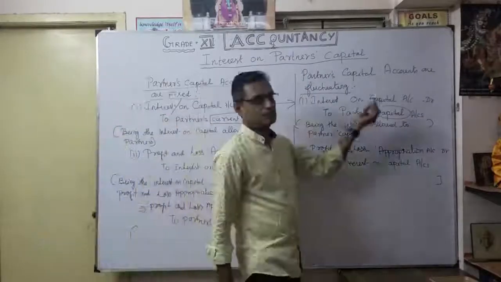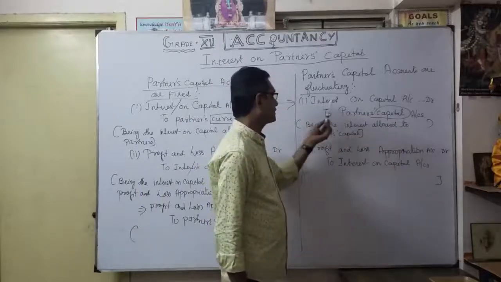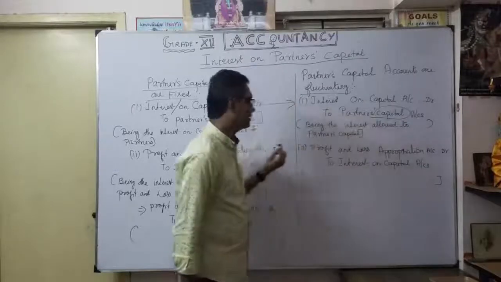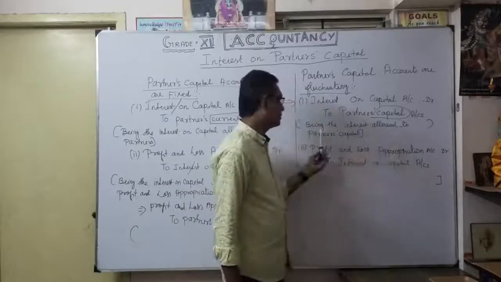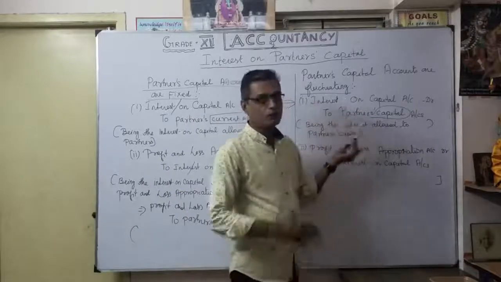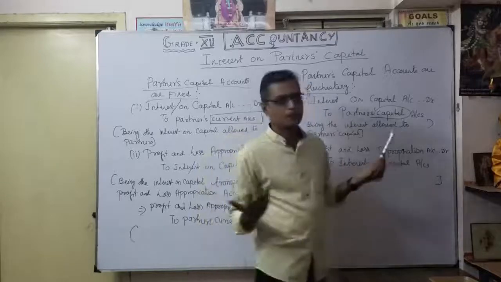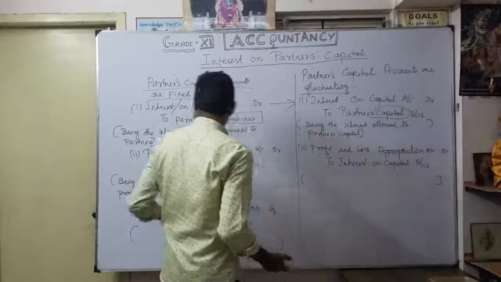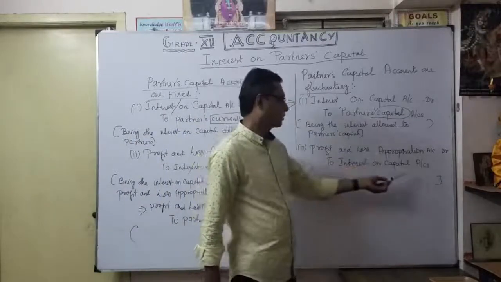Here, with the fluctuating method, we credit the partners' capital account. The narration is the same: being the interest allowed to partners' capital. Now, the interest on capital is transferred to profit and loss appropriation account, simple, with the same narration.